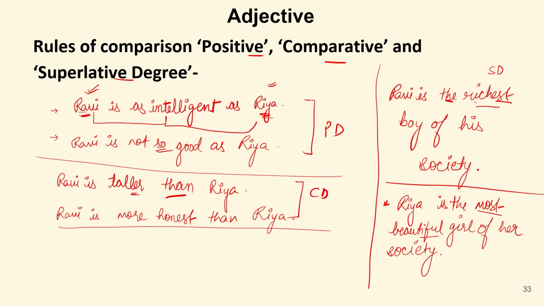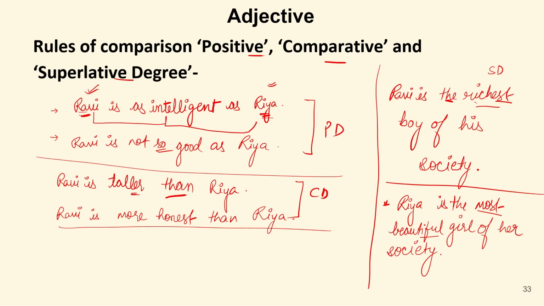It means Ria has been compared to every girl in the society, and she is the most beautiful girl among all. So, here a superlative degree has been used. So, these are the three ways to compare two persons or two or more persons with each other or one another using positive degree, comparative degree, and superlative degree of adjective.